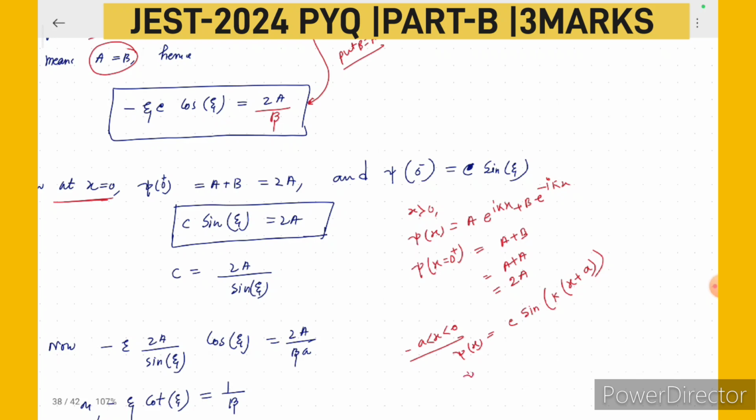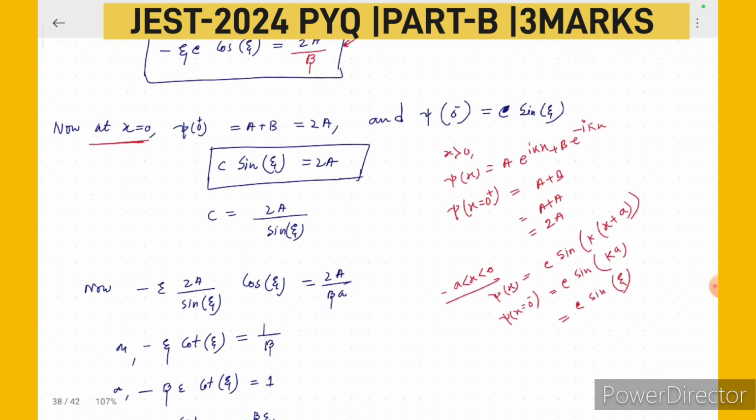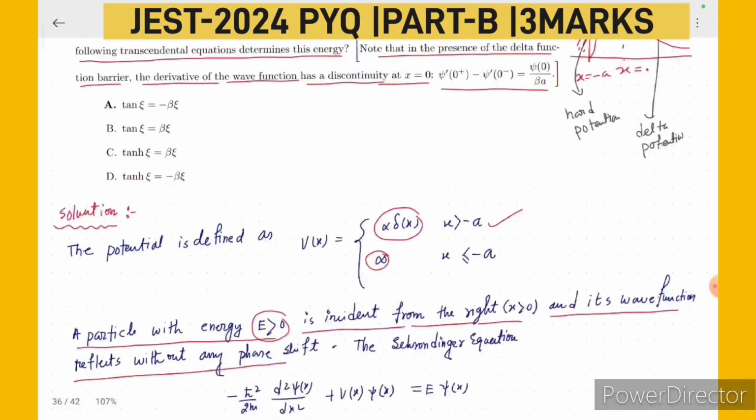Now put x equals 0 minus, that equals C sin ka, and ka is nothing but zeta, so C sin zeta. We get these two values, and these two values are continuous at x equals 0, already mentioned in your question.